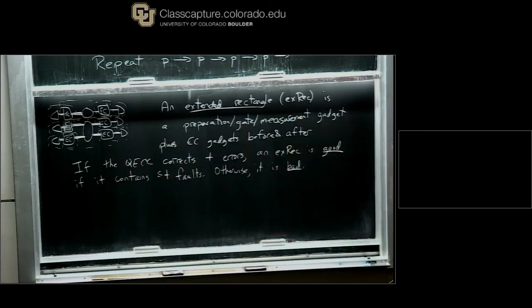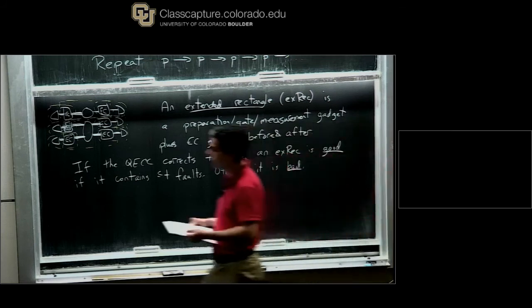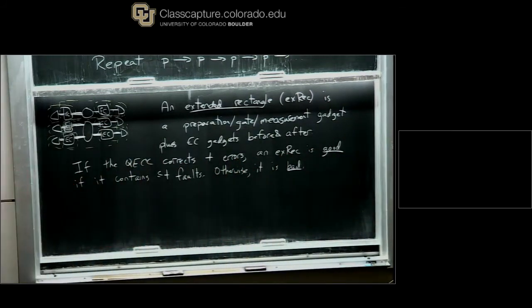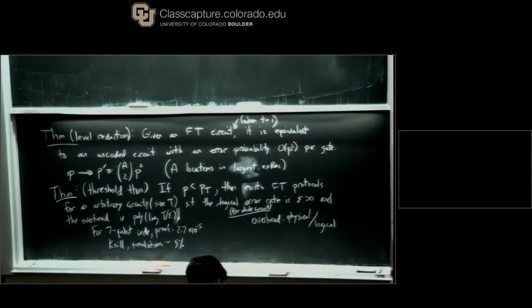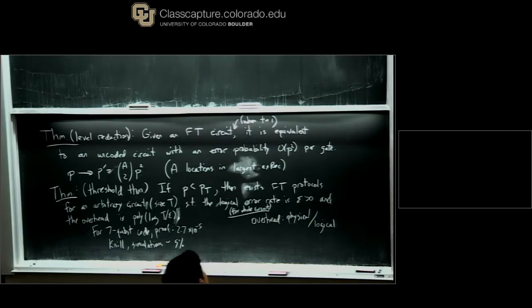Okay, so let me very quickly then say something about the assumptions that go into this threshold theorem and to what extent they're needed. So one assumption is locality. So all of the circuits that I've shown you, I mean, they all involved 1 and 2 qubit gates, but I wasn't at all careful about where the qubits were located relative to each other, right?